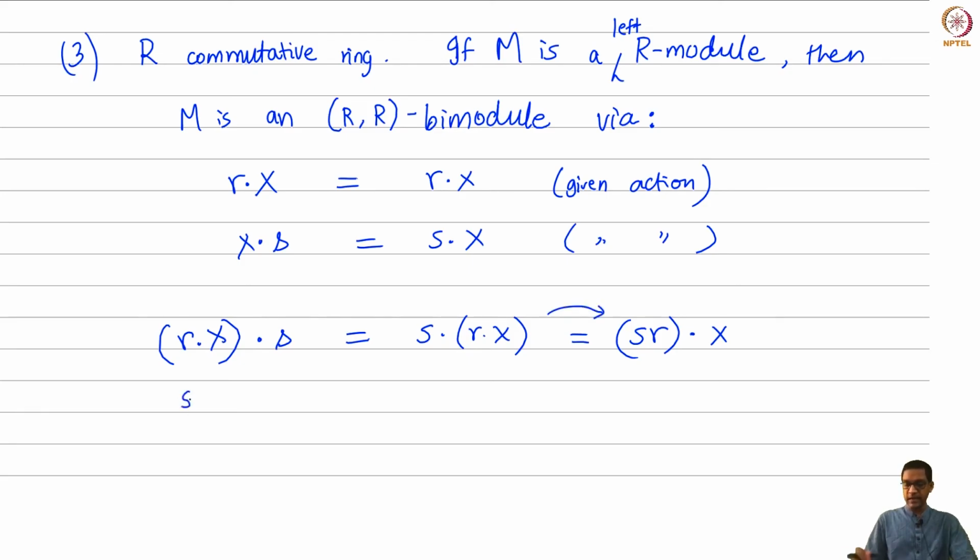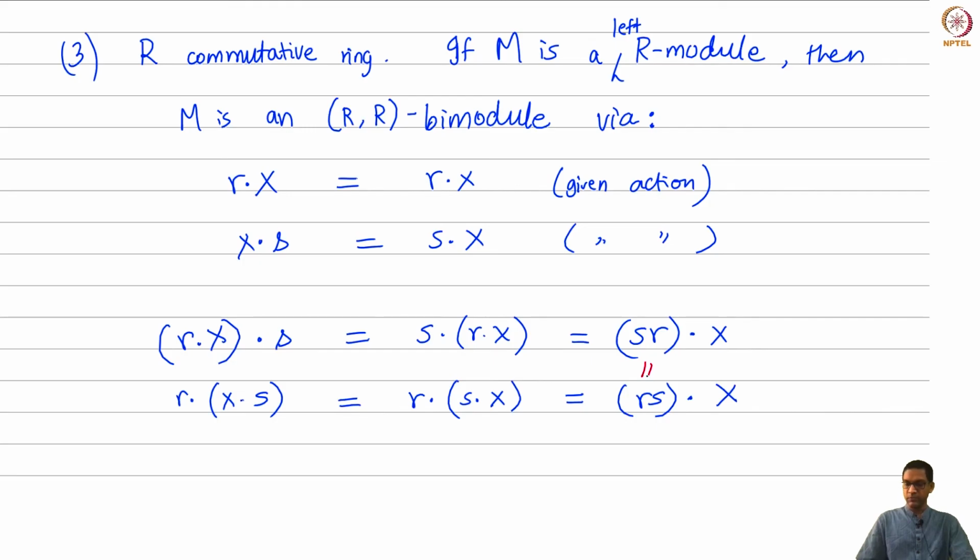Similarly, if I first act by S, xS, then by definition this is R acting on S acting on x. We just use the definition again, but again by the module axiom this is RS acting on x. Now the point is R is given to be commutative, so these two things are actually equal to each other. SR and RS themselves are equal to each other, so of course the final answers are equal to each other.